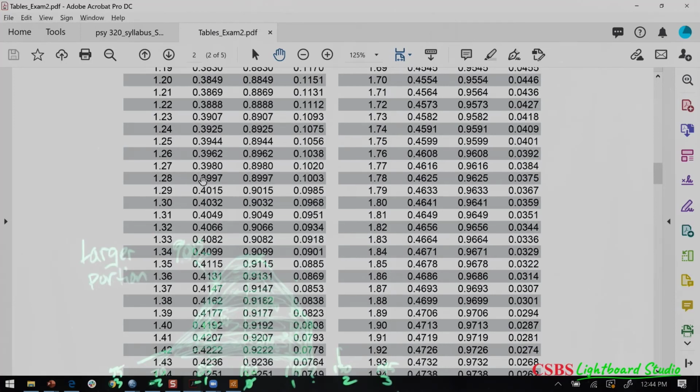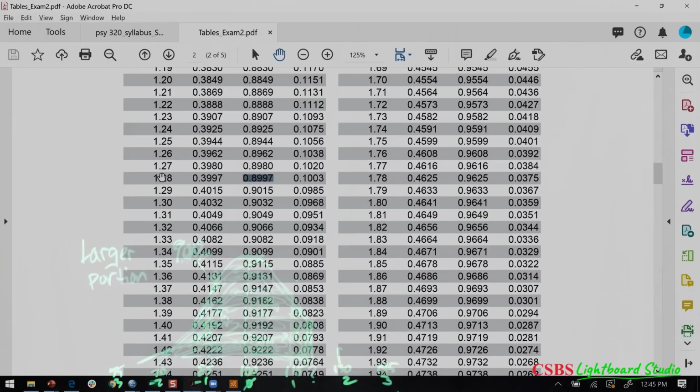If you want some way of deciding which one to choose, I like to think of the Price is Right rule: try to find the area that is closest to the area you want without going over. 0.8997 is the closest to 90% without going over, because the other one is including a little bit too much. So 0.8997 is a slight underestimation.